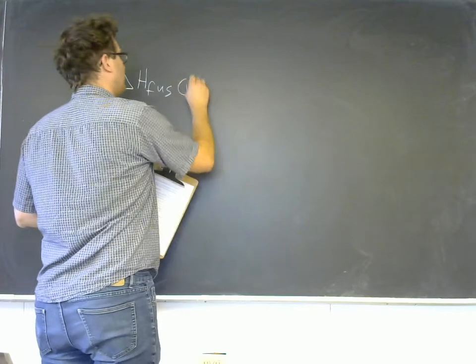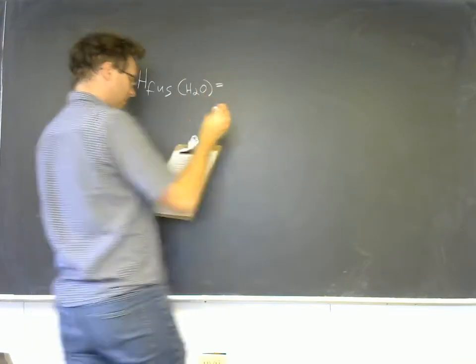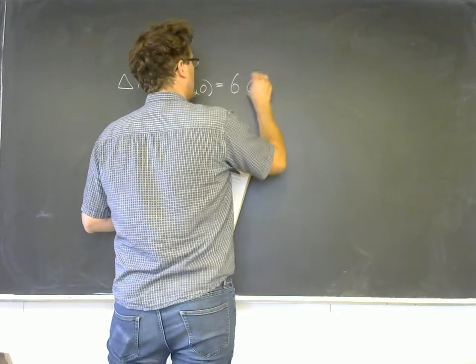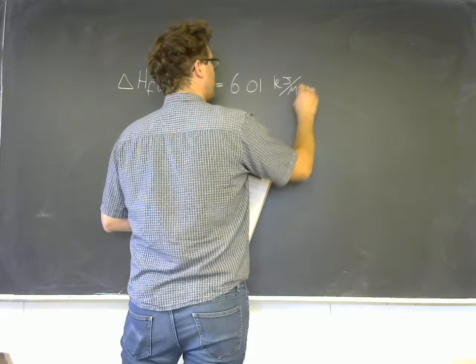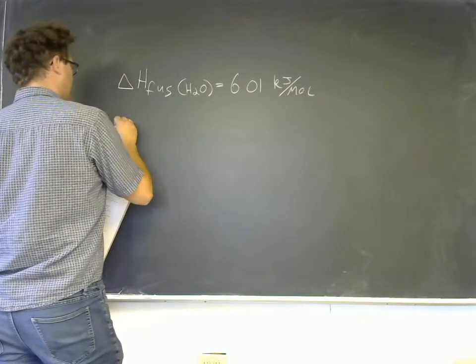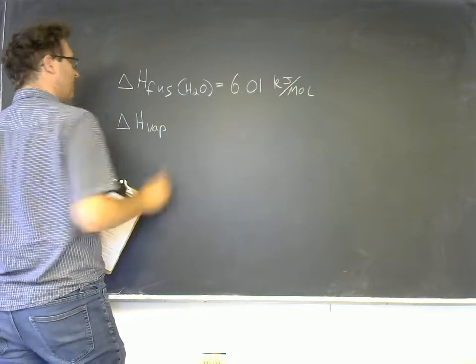In the case of water, that is going to equal 6.01 kilojoules per mole.